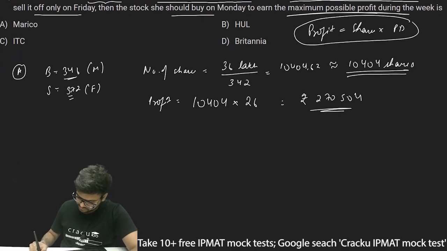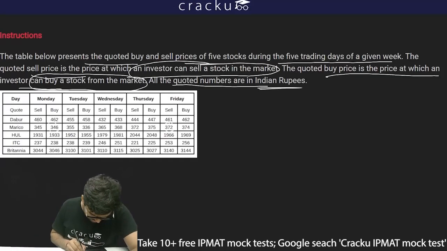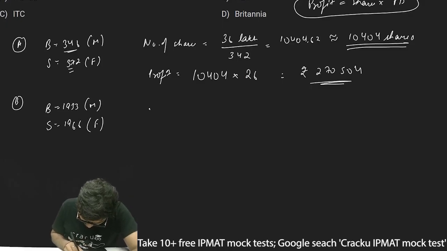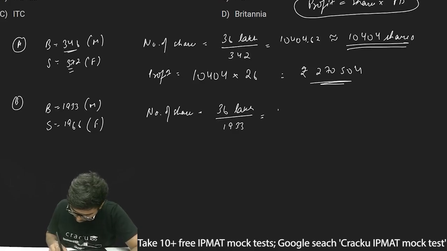Now let's look at option B, which is HUL. For HUL, buying is 1933 on Monday and selling is 1966 on Friday. Thus, first of all, number of shares will be 36 lakh divided by 1933, which is roughly 1862 shares.